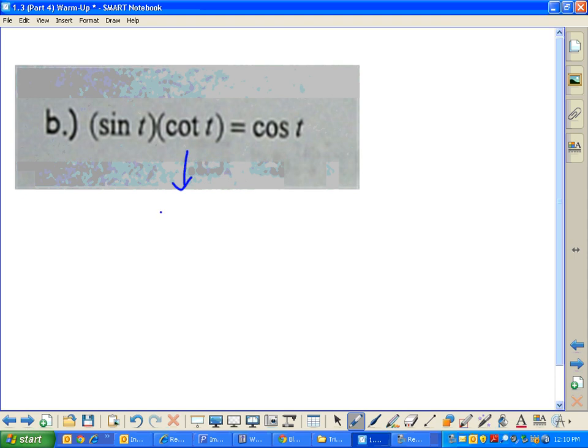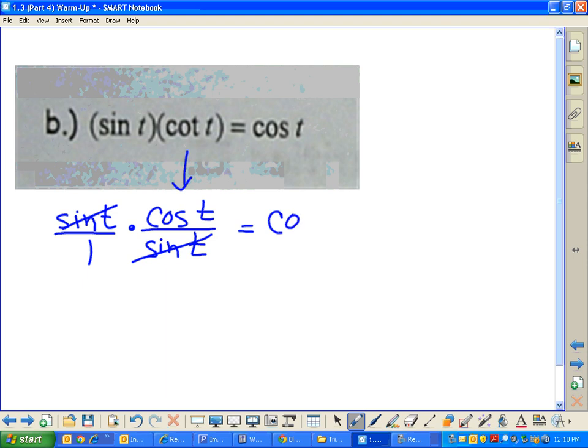Cotangent is actually equal to cosine over sine. Sine is just, well, good old sine. Here, my sines cross cancel, and poof. I get what's on the right side of the equal sign. So that's done.